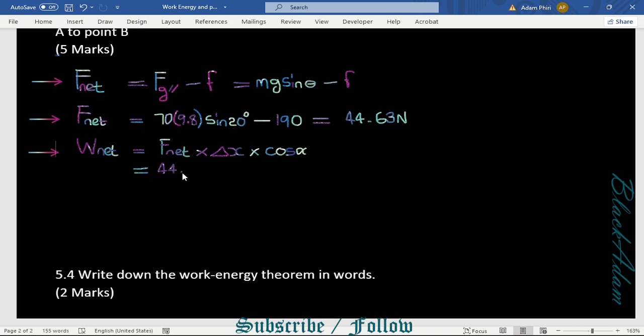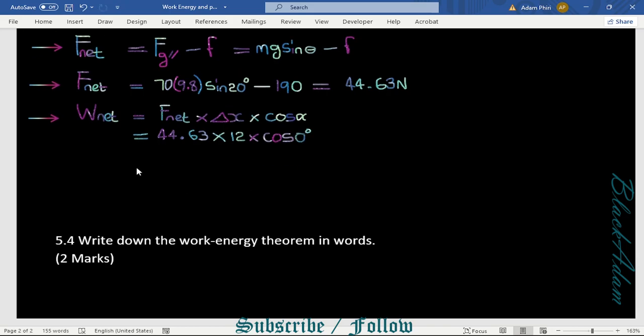So that's 44.63 times 12, and our cos is going to be cos 0, because the net force is positive and in the same direction in which the object is moving. Our final answer is 535.56 joules. So that's our net work, our answer for the first part.